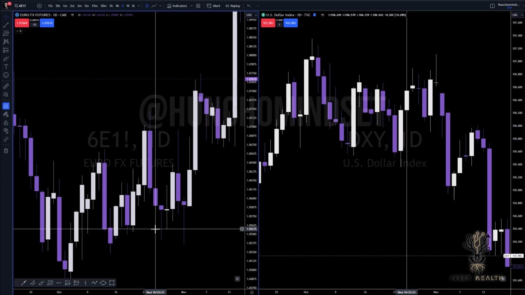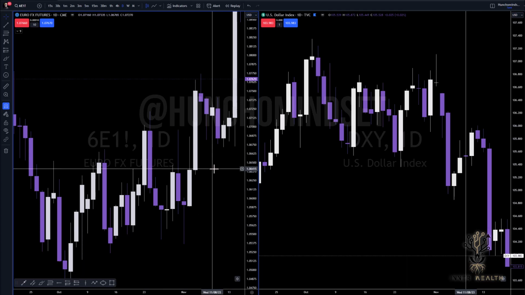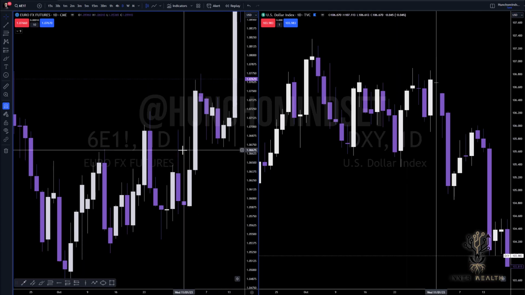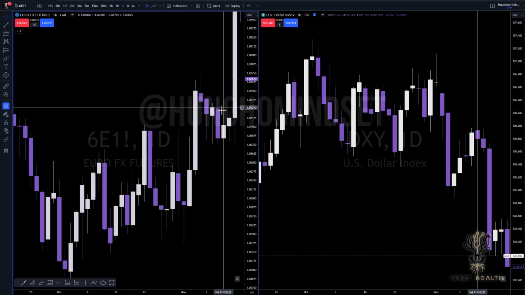Okay, so when we're looking at correlation, we're going to divide it into three categories. The three categories are: number one, currency pair versus index, which is what you guys see here.